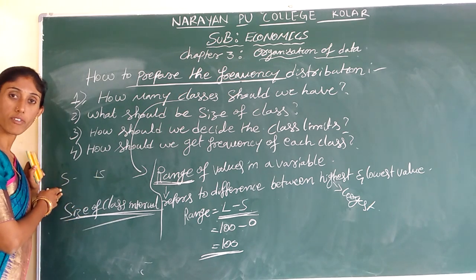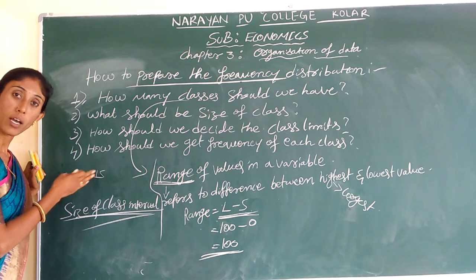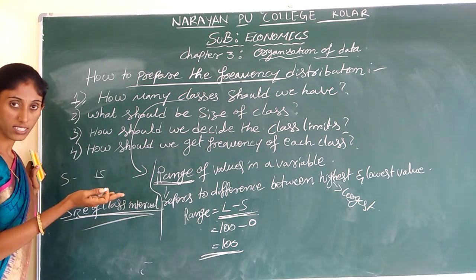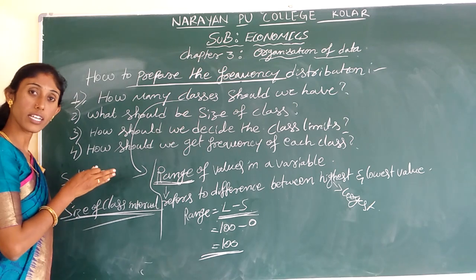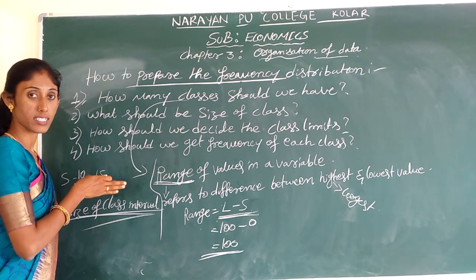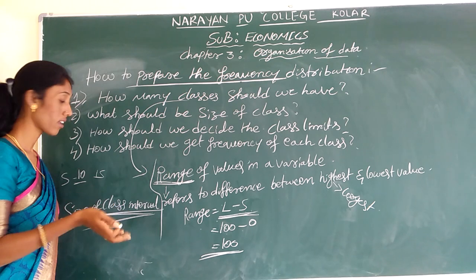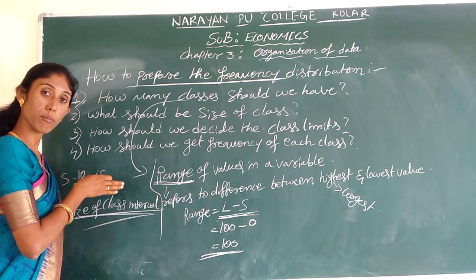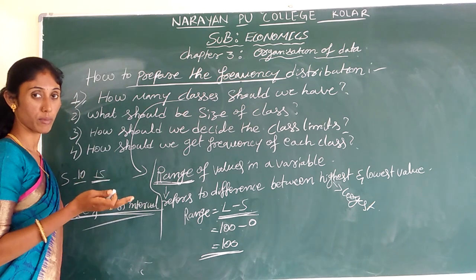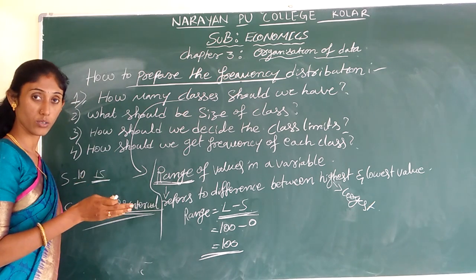We can take 5, or 10, or 15 as the difference between upper class limit and lower class limit. That is nothing but class interval.